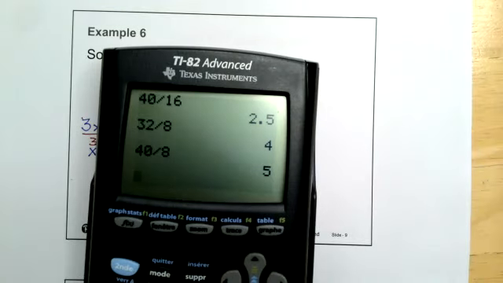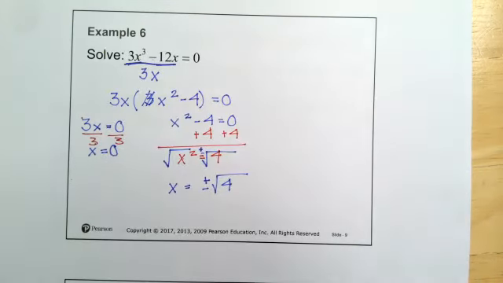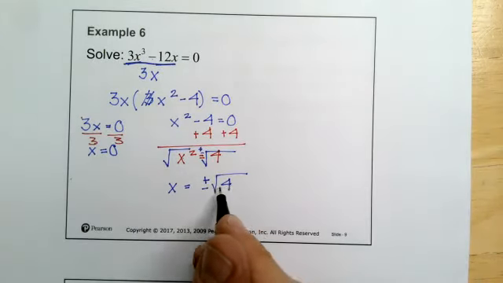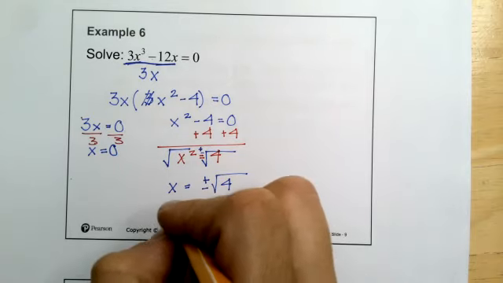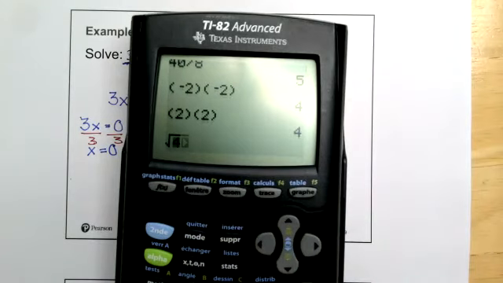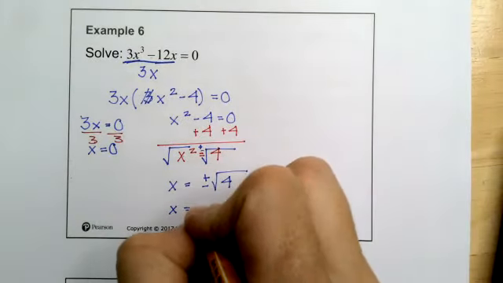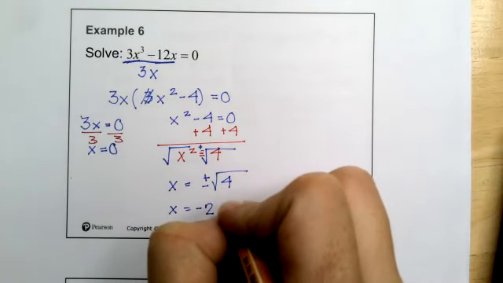It could be -2 squared, or it could be +2 squared. So we have to take the positive and the negative version of those answers. Positive square root of 4 and negative square root of 4. The square root of 4, as we know, is 2. So we have a +2 and a -2.